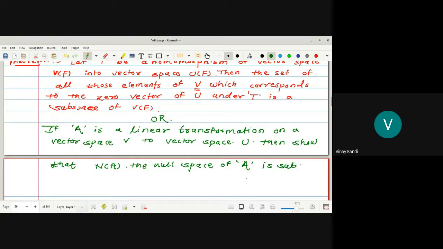So this statement can be asked in the exam like this.